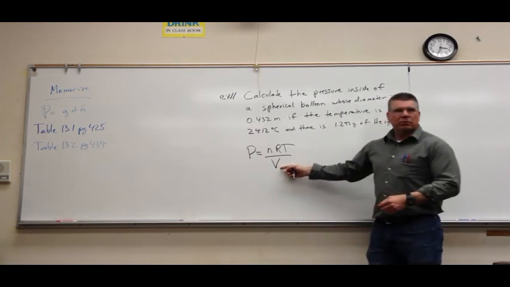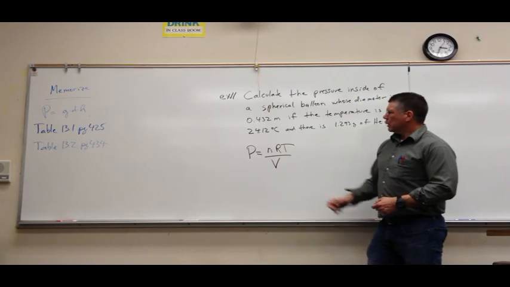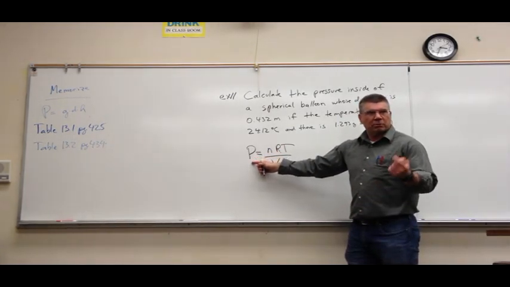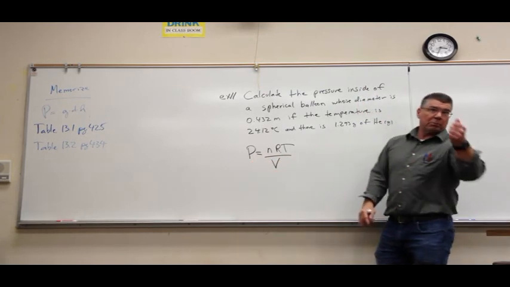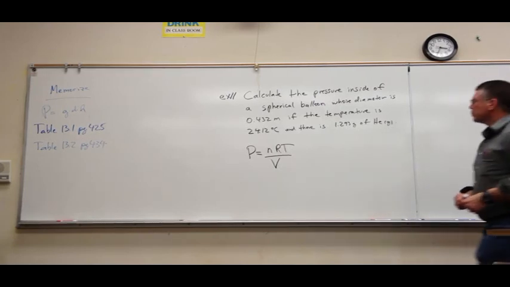The volume is always in liters, and this is moles. The value of R you use depends on what you're given for pressure. If you're already given the pressure, then usually you use the R that matches that pressure. Let's do atmospheres.